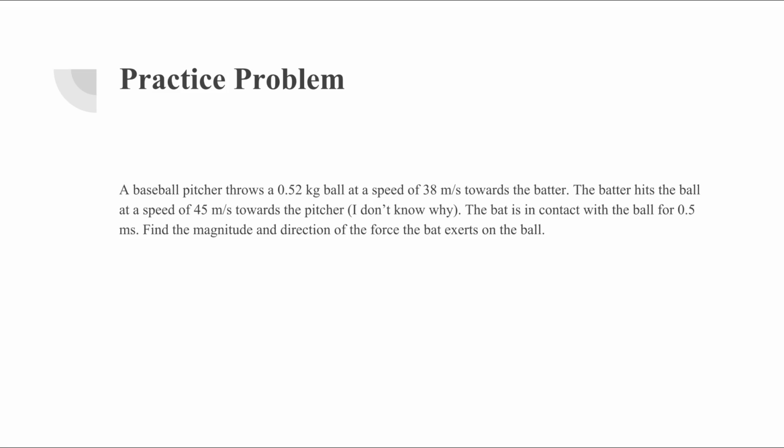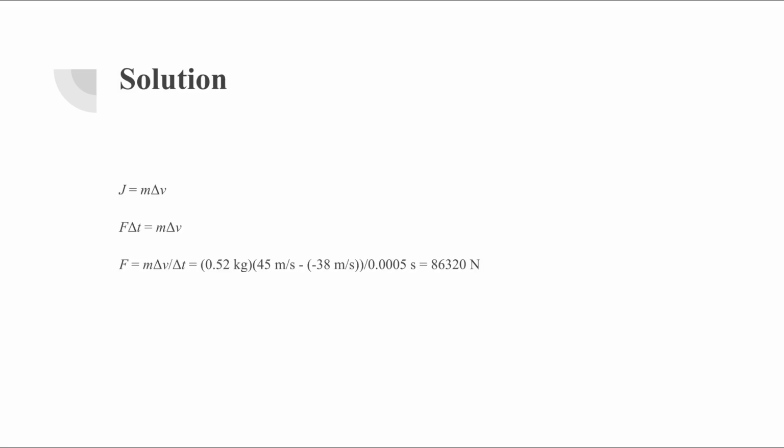So the velocities will change direction, and you have to account for that change in direction: 45 minus negative 38, divided by 0.0005 seconds, which is 86,320 newtons, which is a lot of force.